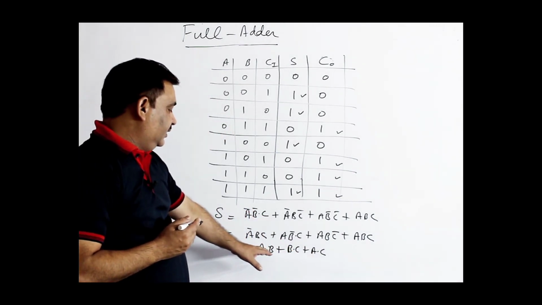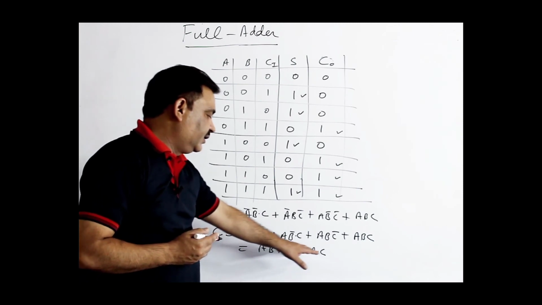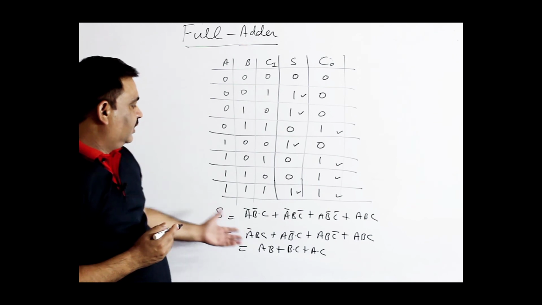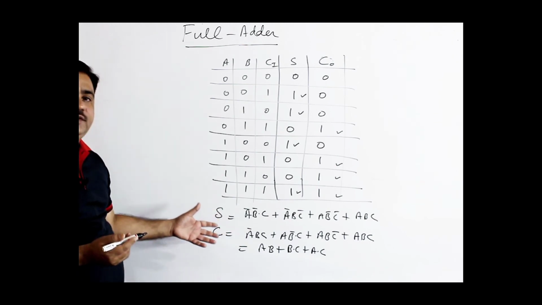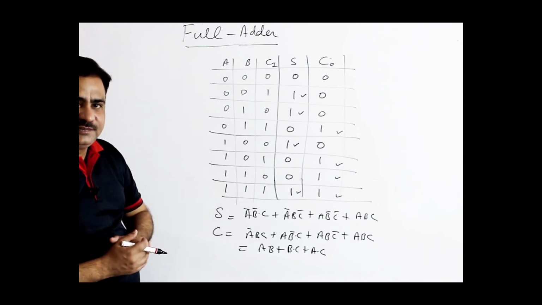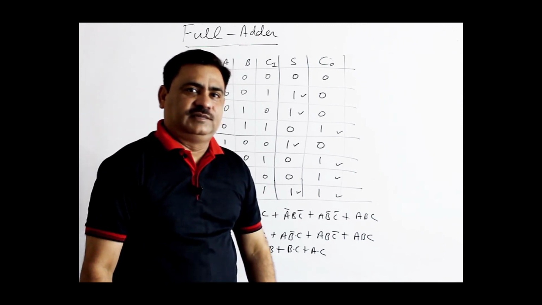So, we can say that carry follows AND gates, which afterwards will be combined with OR gates. Now, you can easily draw the logic circuit diagram for these two expressions. That is all.